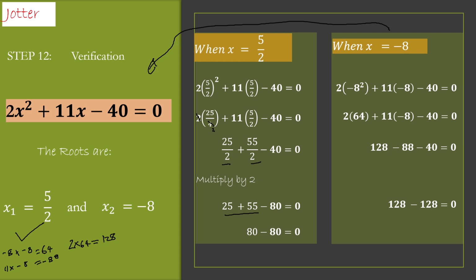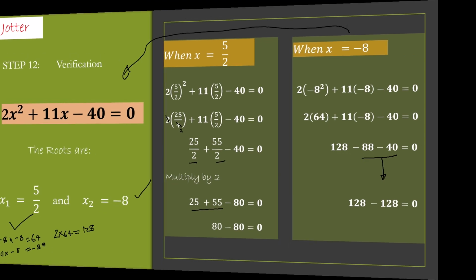We can go either way by adding the minus and minus together according to BODMAS. And so we have here 128 minus 128, because minus 88 minus 40 will give us minus 128. And again, this gives us 0. So the root minus 8 satisfies the equation.